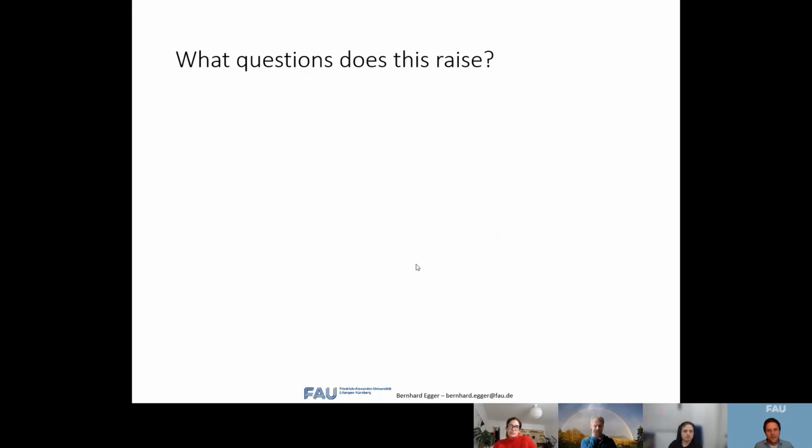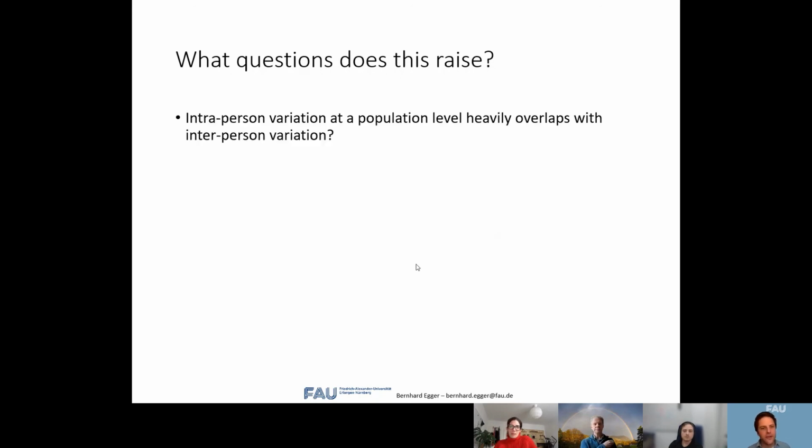So I came up with a list of questions that this raises for me, and the first question is just whether the observation translates from this morphable model space to the space of faces, because it would still be possible that we just did something wrong in our analysis.